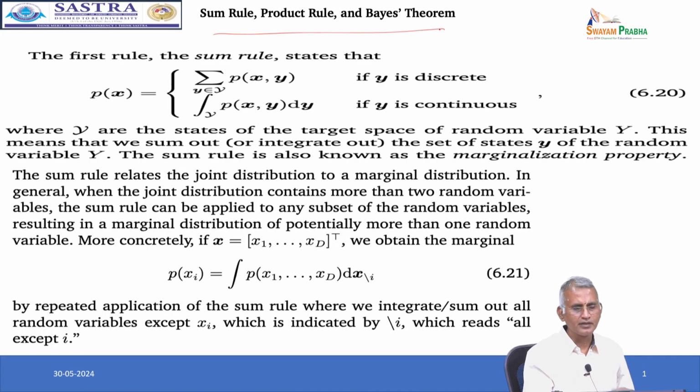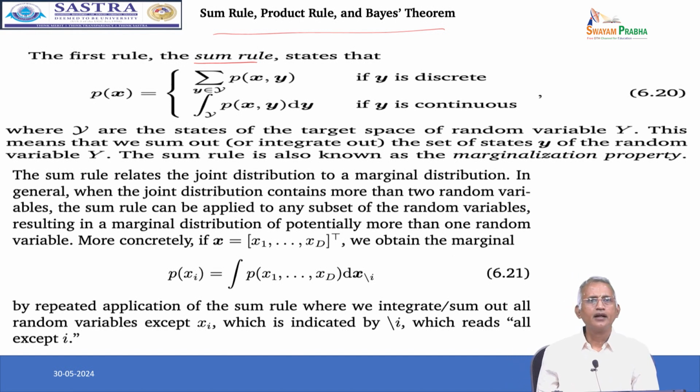The first rule is the sum rule, which states that probability of x equals the summation of p of x comma y if y is discrete, and the integral of p of x comma y dy if y is continuous, where y are the states of the target space of the random variable Y. This means that we sum or integrate over the set of states y of the random variable Y. So, the sum rule is also known as the marginalization property.